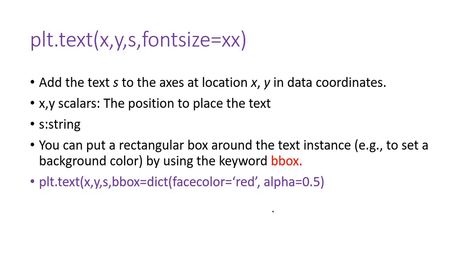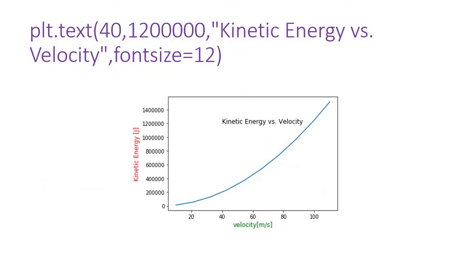Then we will discuss the text box. Text is similar to annotation. I want to add the text in the given x, y location, so you need to supply x, y, and the string. You can also give the font size.